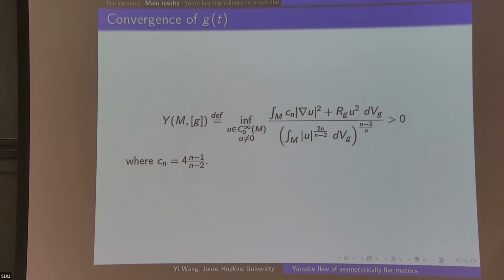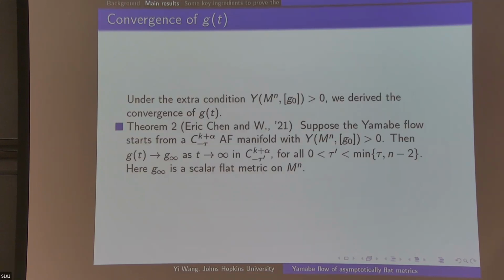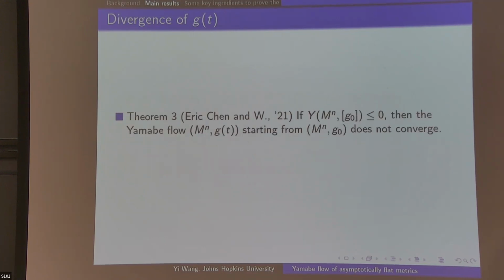So it includes that part when you have Y positive here. Right. So this theorem says that if you have Y positive, then you have convergence. So what happens when Y is less than or equal to zero? We also proved that when Y is less than or equal to zero, then the flow must diverge.